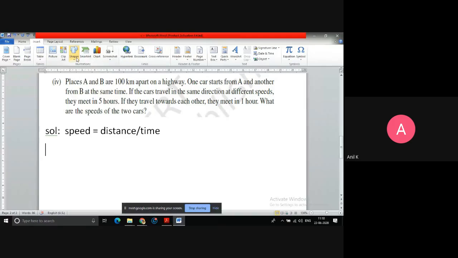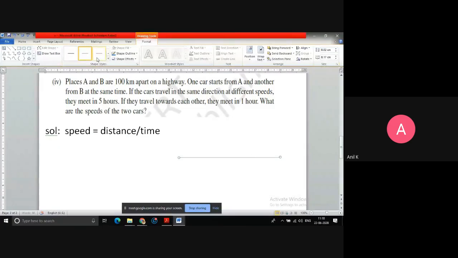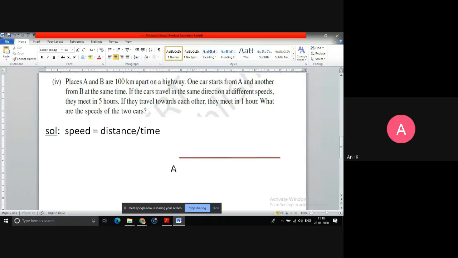So what I do is, let me draw a line which represents places A and B. This is the place A. This is 100 kilometers and this is B. So these are the two places, city A and city B. The distance between them is 100 kilometers.